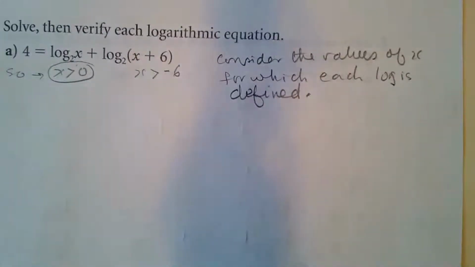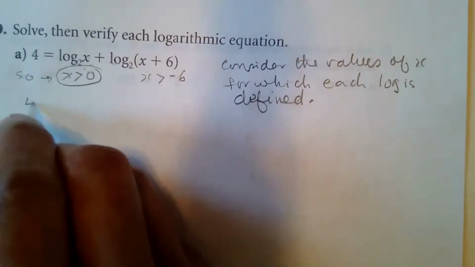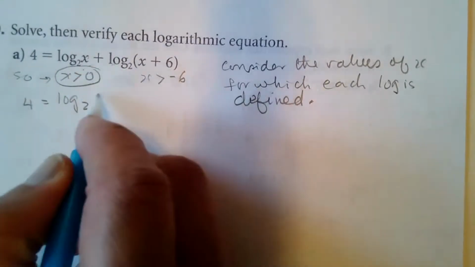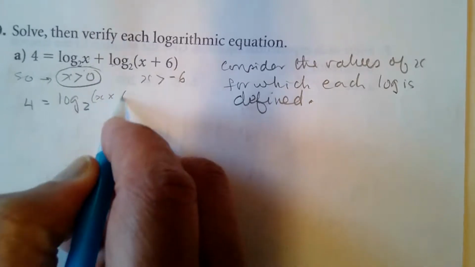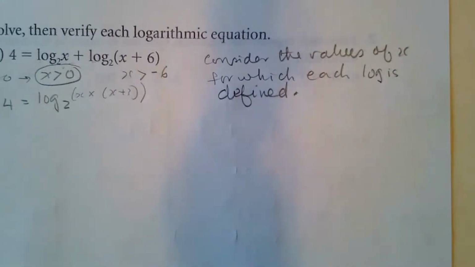Okay. The next step is to use the laws of log in this case. Here, because it's log base 2, we can use our product law to simplify this. We have 4 is equal to log base 2 of x times x plus 6.